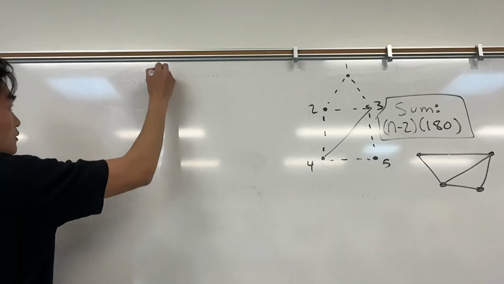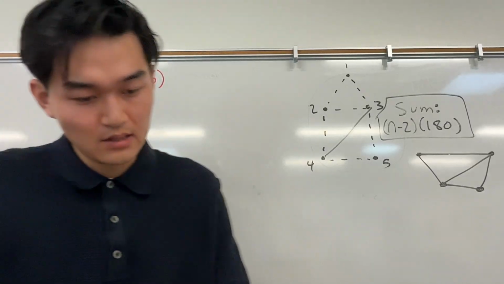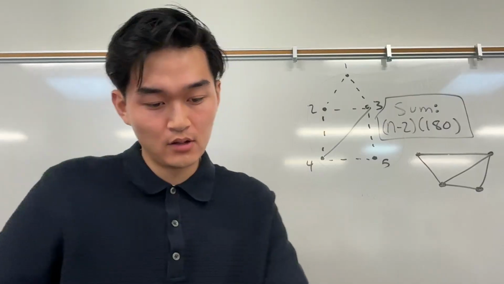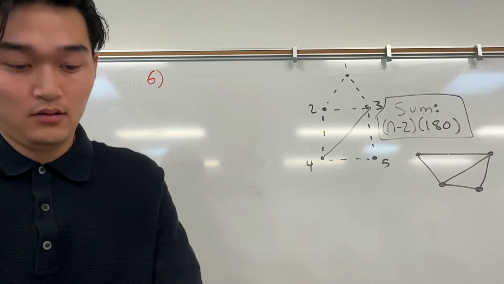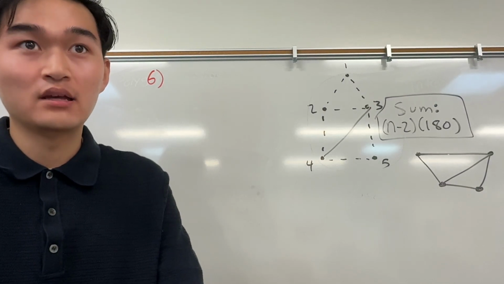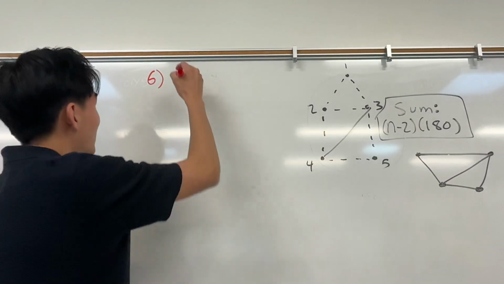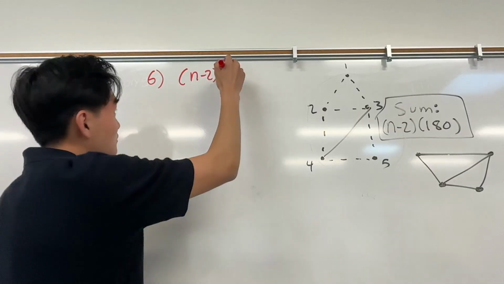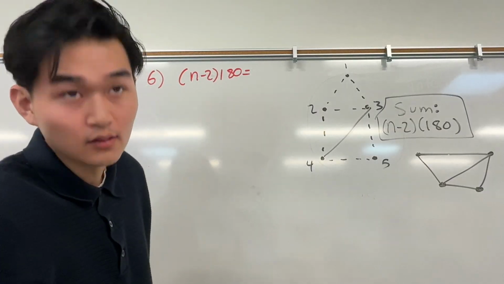Make sure I'm right. Okay, so number 6 says the sum of interior angles is 1620 degrees. How many sides does the polygon have? I told you when it's giving you the sum, you're going to be finding n, which is the sides. It's either or. So the equation is n minus 2 times 180, and this equals what?